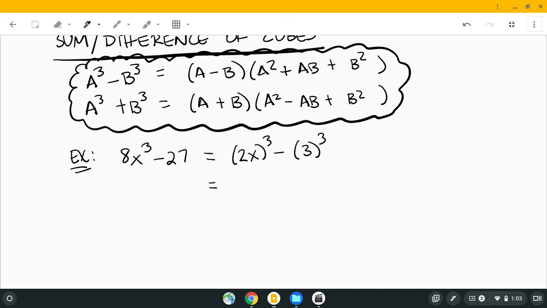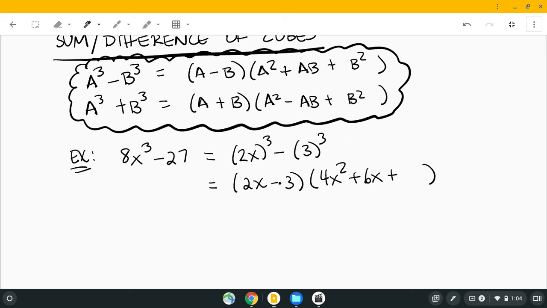Okay, so once you identify what's being cubed, then you can figure out the binomial. And then once you know the binomial, you can come up with your trinomial. So the trinomial says that for this first term, you're going to go ahead and square this one. So you're going to get 4x squared, and then it's positive, and then you just take their product. So that's going to be 6x, not negative 6x, but positive 6x.